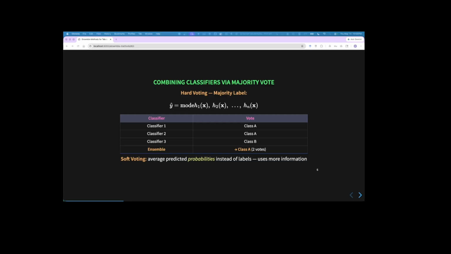This is often better because it uses more information. So as you see, for example, classifier 1 votes A, classifier 2 votes A, classifier 3 votes B. So that means 2 classifiers vote A, 1 votes B, majority wins. The formula at the top is the formal definition.